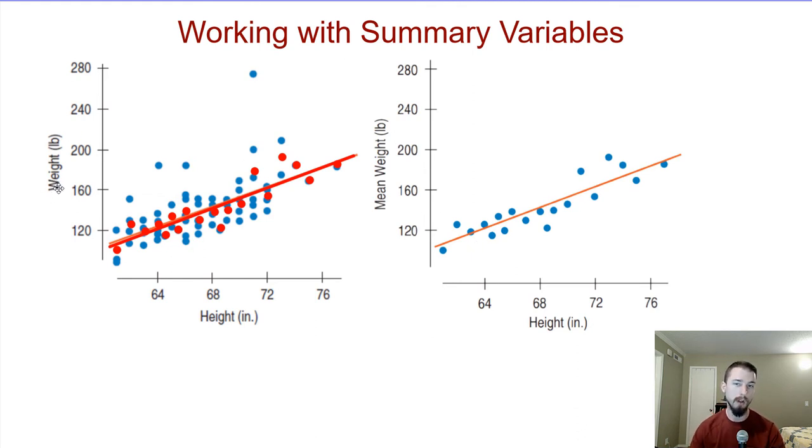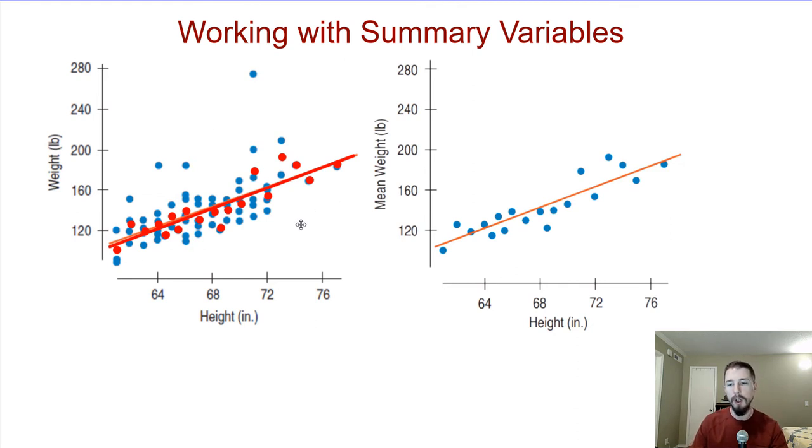So we're artificially removing a lot of variation in the response variable by working with means, but do be very careful. They are exactly the same. They're going to have exactly the same slope if you work with the summary statistics. But the problem is that we're not actually showing the actual amount of spread that we have in the variation.